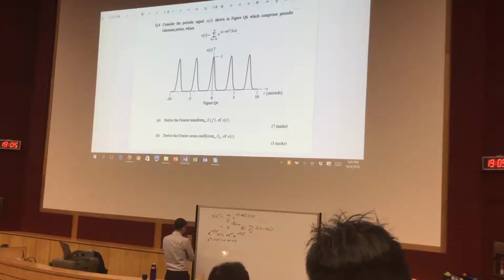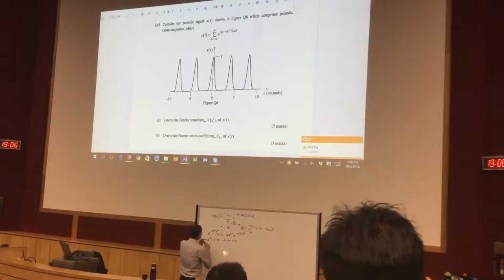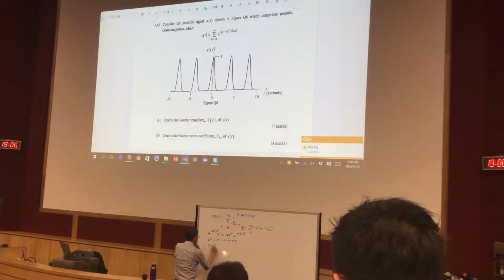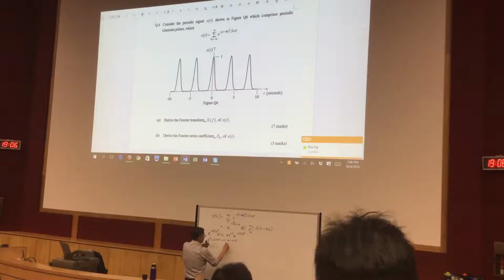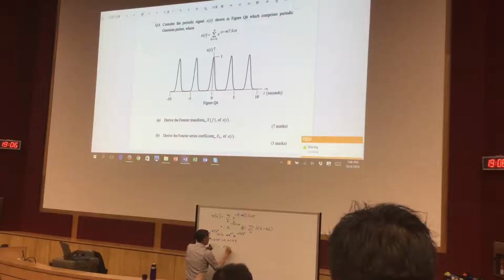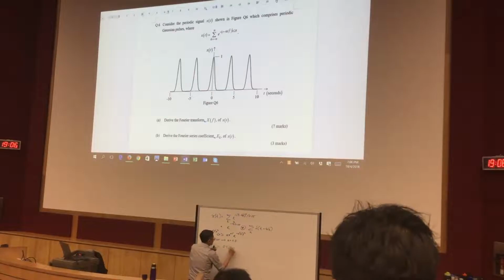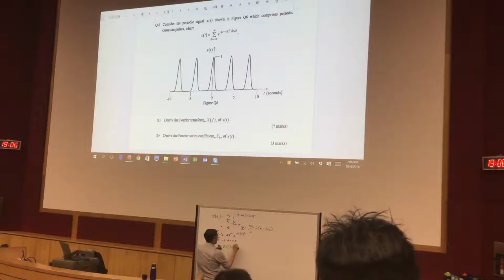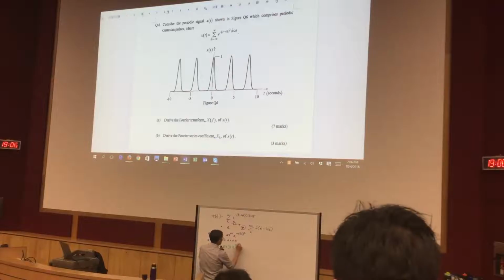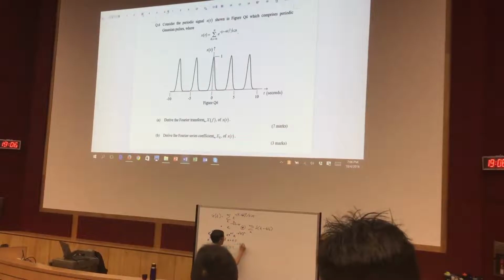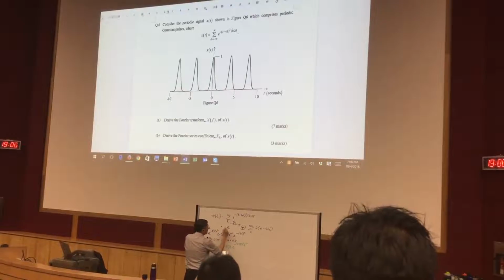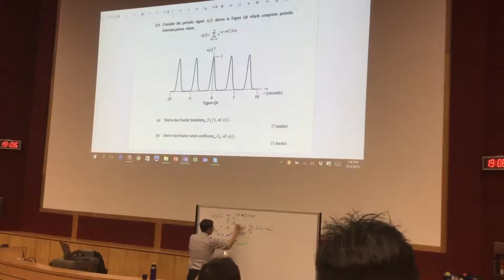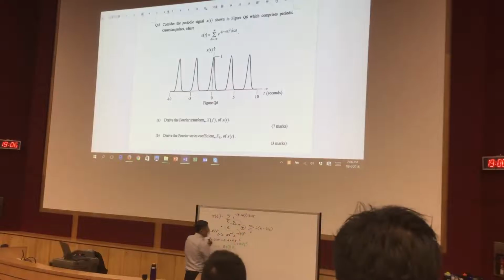Okay. So now if you do the Fourier transform of this guy, it is this. A is 0.25. The guy here, Fourier becomes this guy.